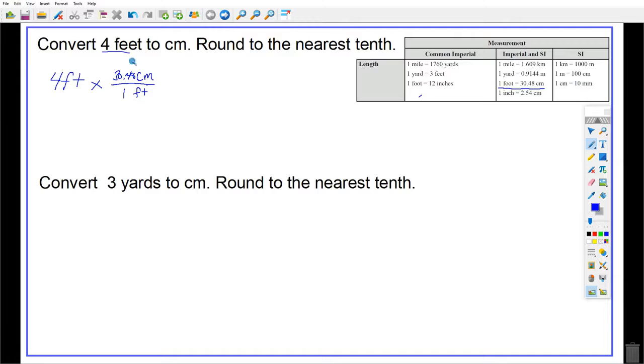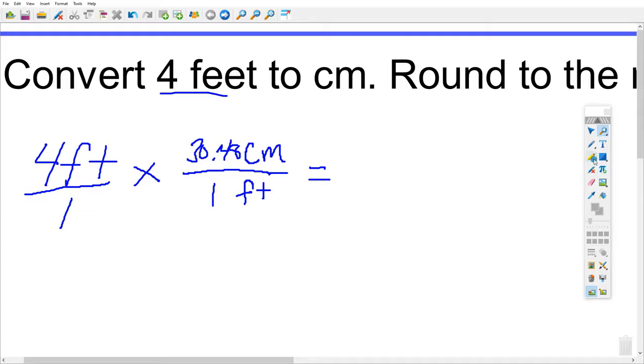And then this is set up like multiplying fractions. It's understood that this is divided by 1, so we multiply the numerators and we multiply the denominators. So the idea here is that when we multiply these, this is like saying feet divided by feet, so that makes 1. So these units cancel out.